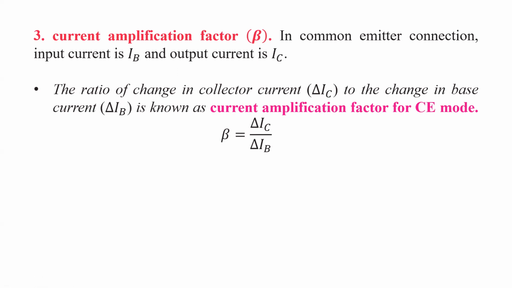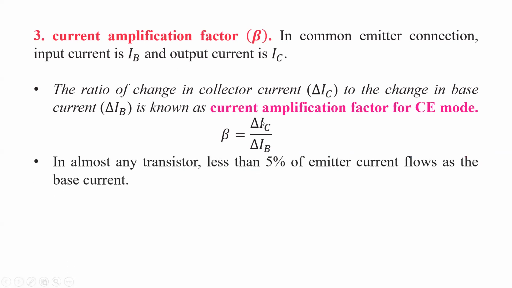Mathematically, beta is delta IC by delta IB. Usually the collector current is large and the base current is very small. We have observed that less than 5% of the emitter current flows through the base, so the base current is almost 5% of the emitter current.